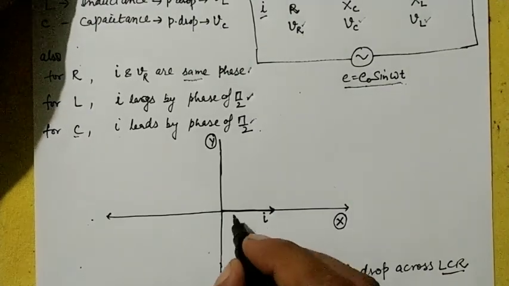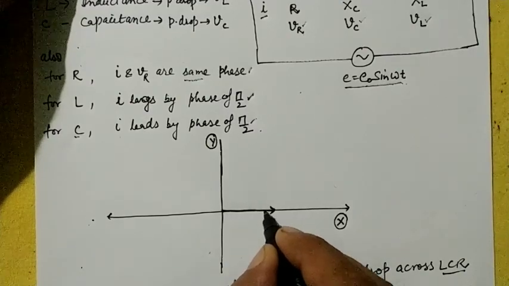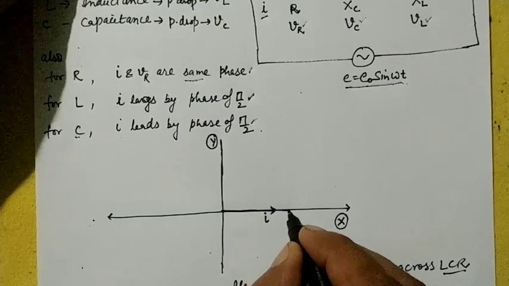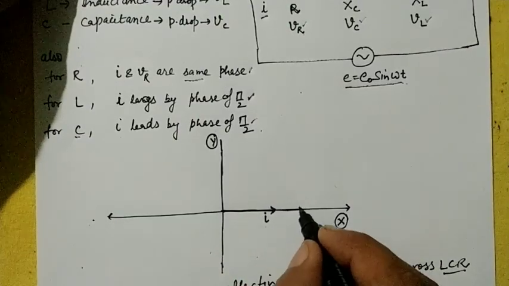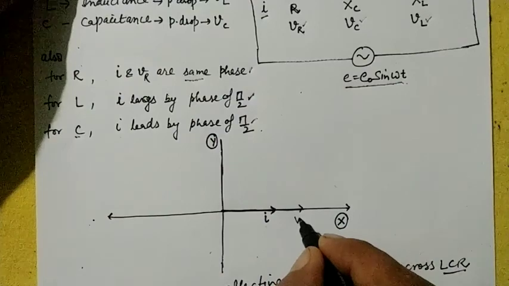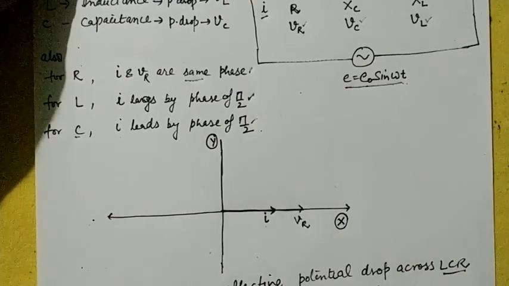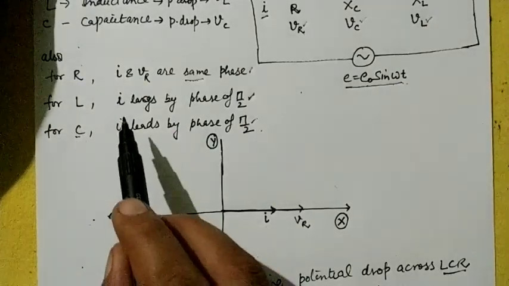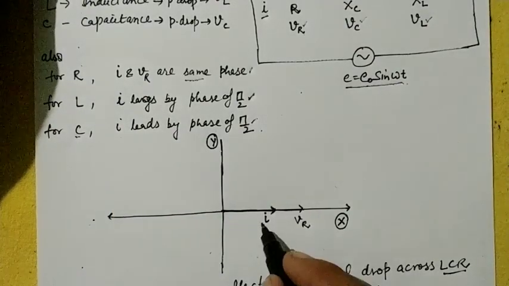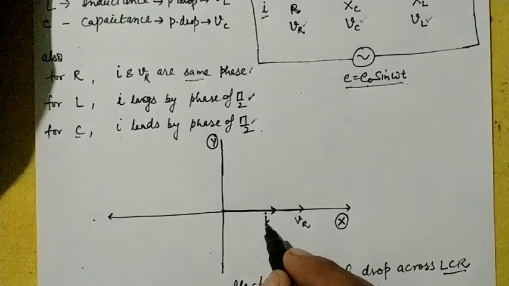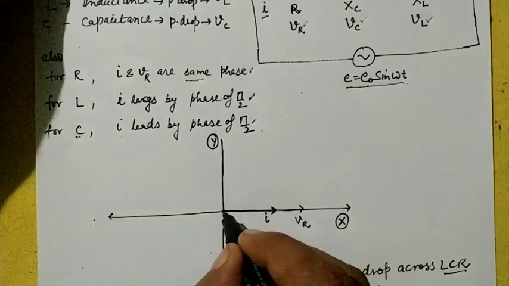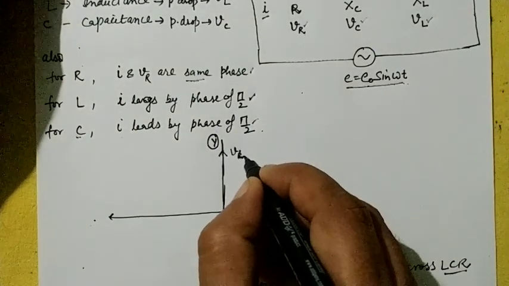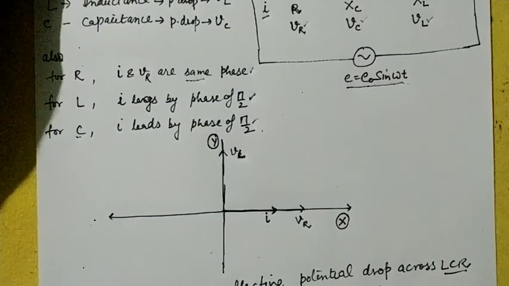Then the voltage drop across the resistor is also in the same phase as the current, so VR will be along this direction. Further, for the inductor, the current lags behind, which means the voltage is leading, so the voltage will be along this direction. I take this as VL.